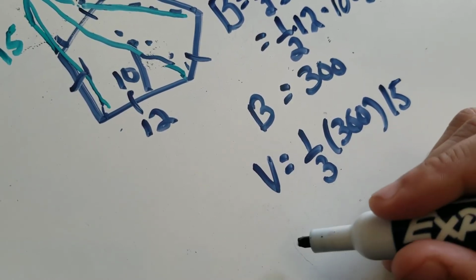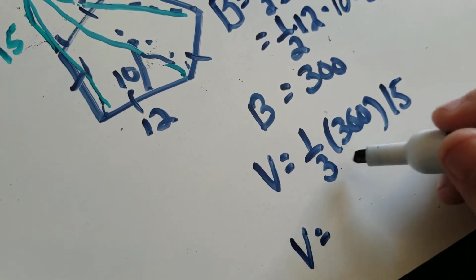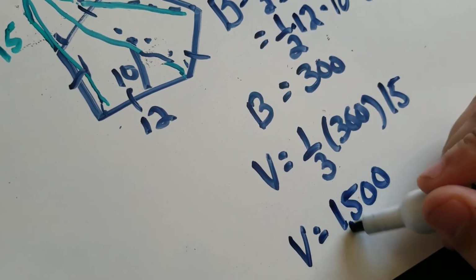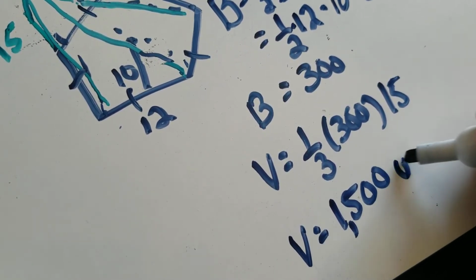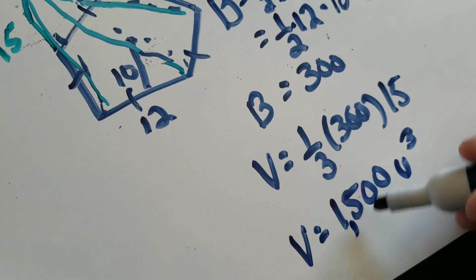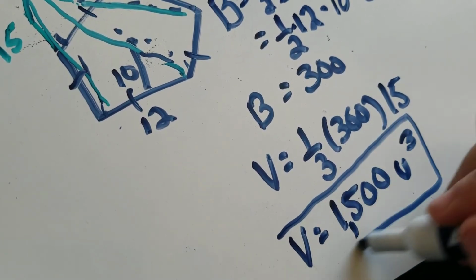But 300 divided by 3 would be 100, and 100 times 15 would be 1,500. And the units, because we're talking about a 3D shape, is units. This does not affect the number.